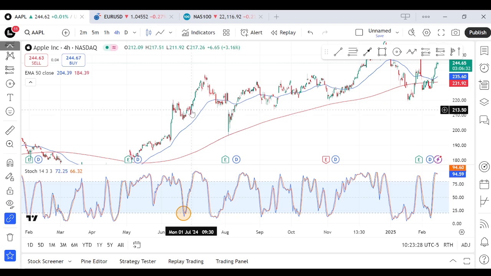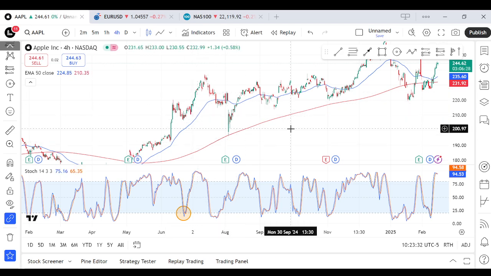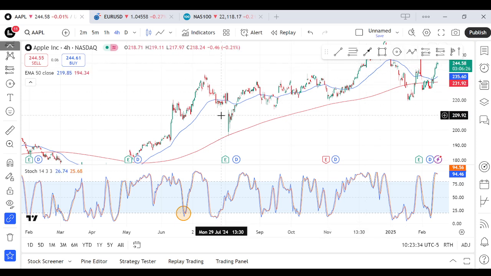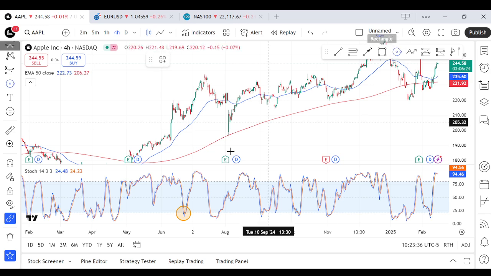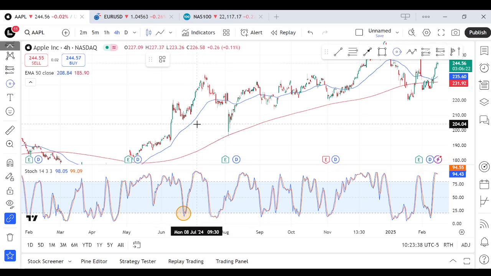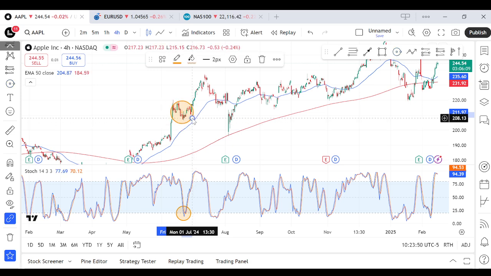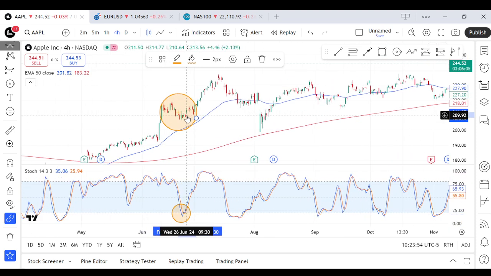Remember, the price is above the 50 period and the 50 is above the 200 also. So we should be looking for buying opportunities as we have this confirmation right here. At the same time we had the stochastic signal, we also have price giving us a rejection around this area.